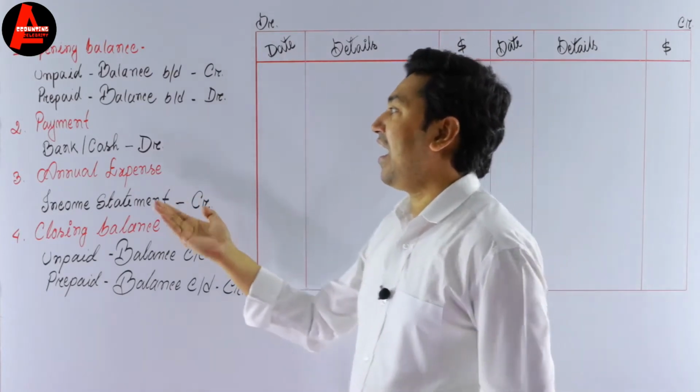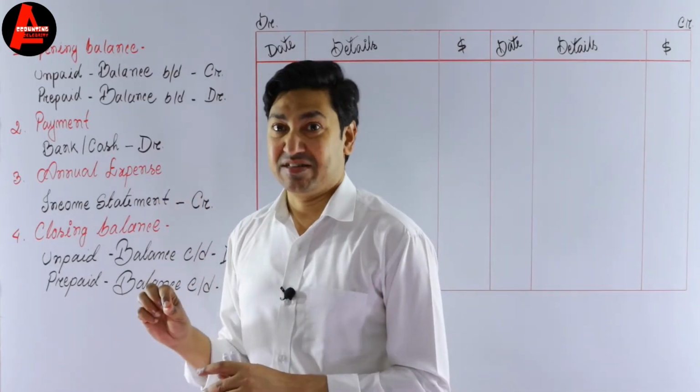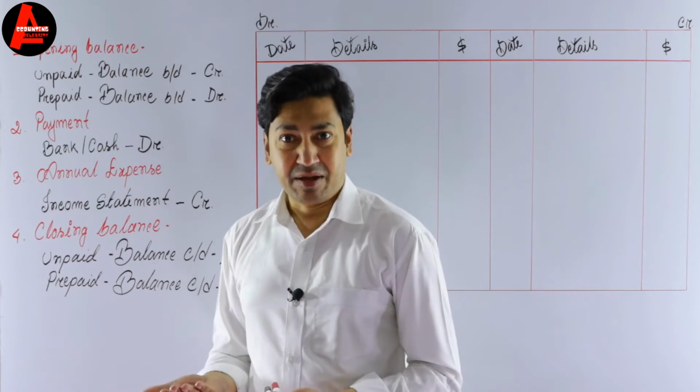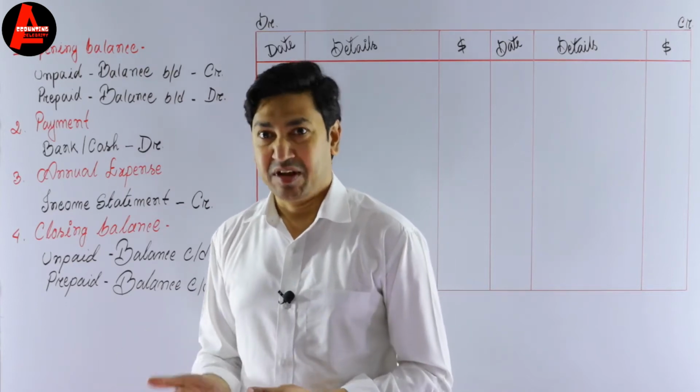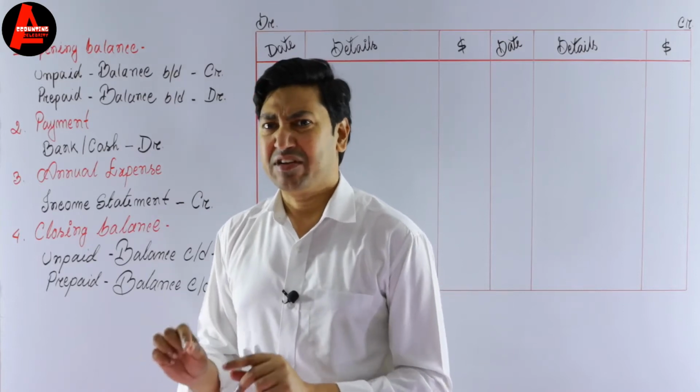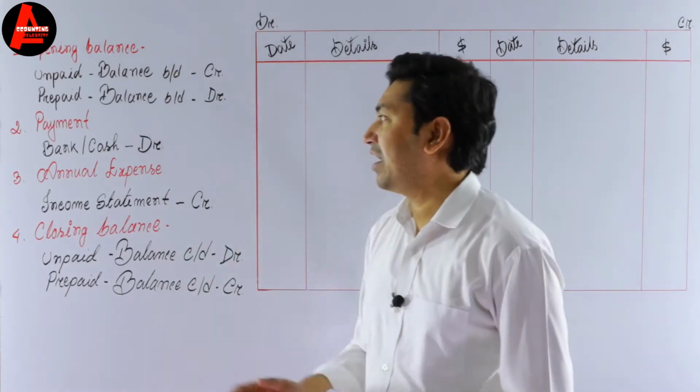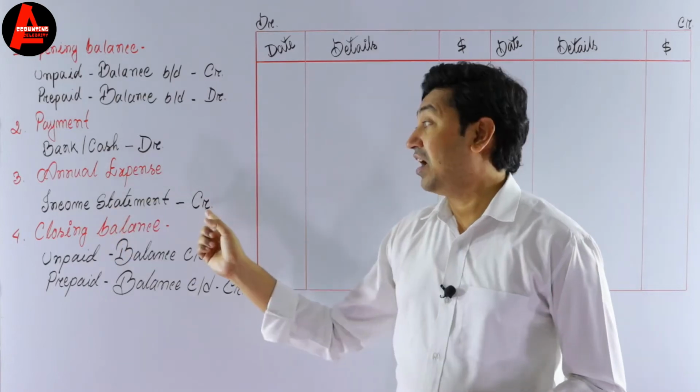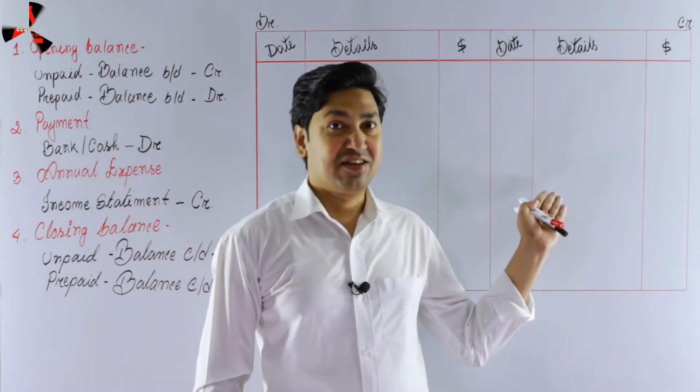Then annual expenses means yearly expense. Yearly expense will sometimes be given, sometimes not. No worries. If it is given annually or yearly, it will be recorded as income statement on the credit side here, okay?